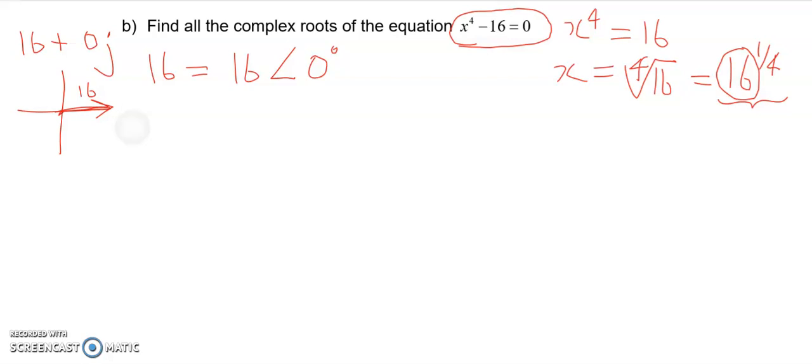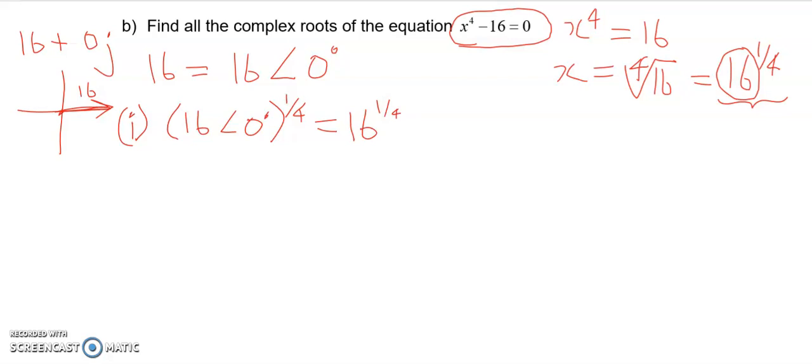So root number 1, here's your first calculation. You want to take 16 angle 0 degrees, and raise that to the power of 1 over 4. And remember the way de Moivre's theorem works. You take the fourth root of 16. Well, that's easy enough.